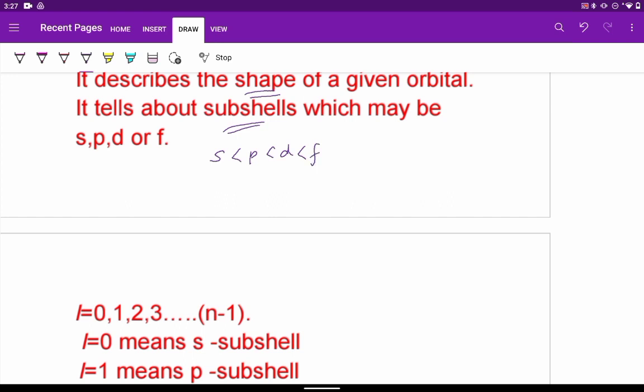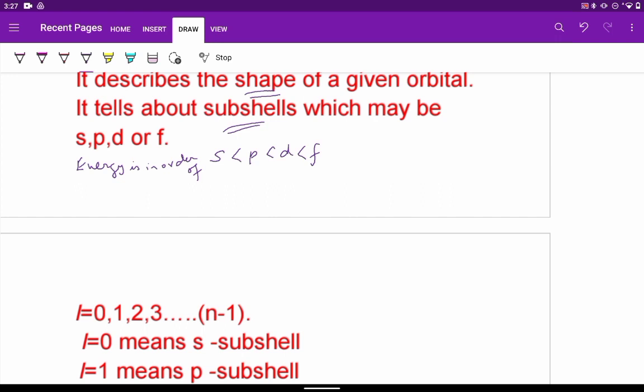This is the order of energy, and it is for the same shell, which means we have to take s, p, d, f from the same shell.